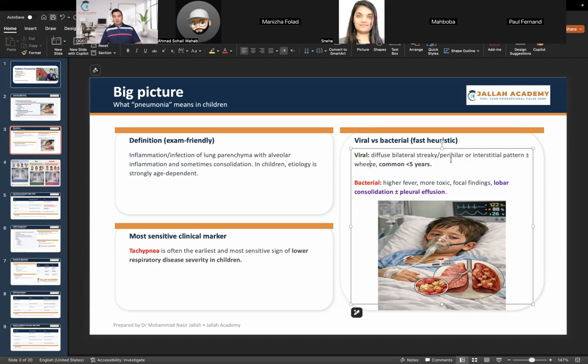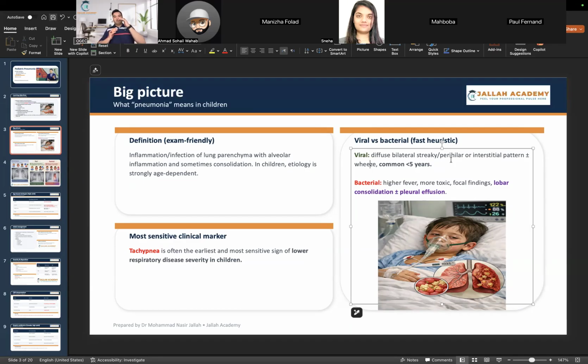Bacterial: higher fever, the patient would be more toxic, focal finding, and lower lobar consolidation. That's the clue and characteristic radiographic finding, plus or minus pleural effusion. Pleural effusion could be positive or not, as a complication of untreated pneumonia. But if you treat the patient at the right time, at an early stage, that will not happen.